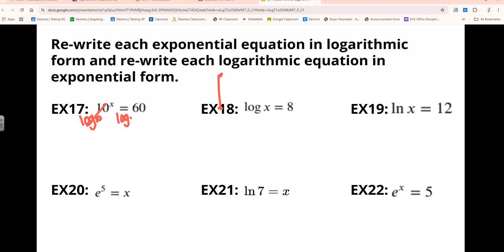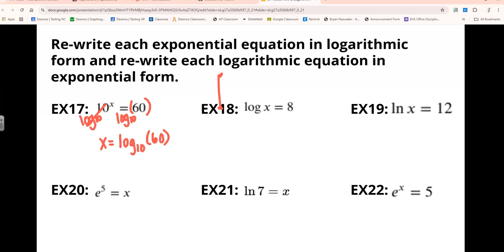And so you would have x equals log base 10 of 60. If you type it into the calculator, it'd give you a number. It's fine to do this. In fact, I'm surprised they do this, but in AP Pre-Cal, they always write a log with a base of 10. They don't ever just use common log.